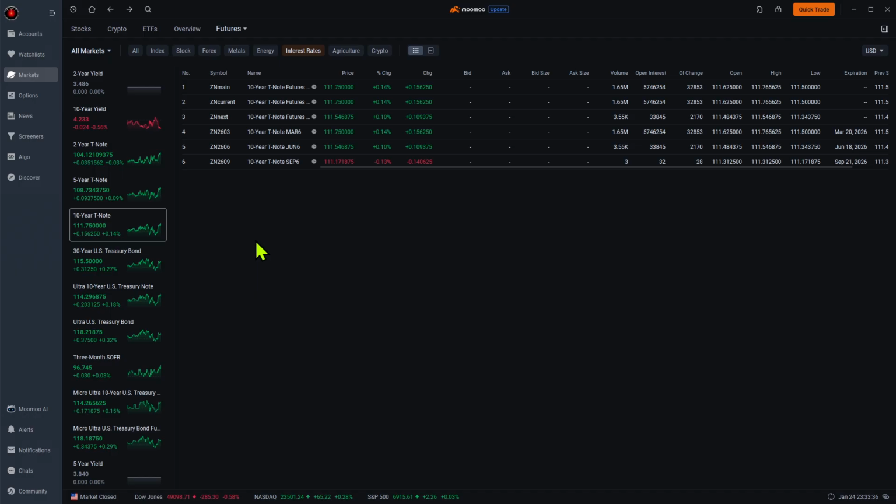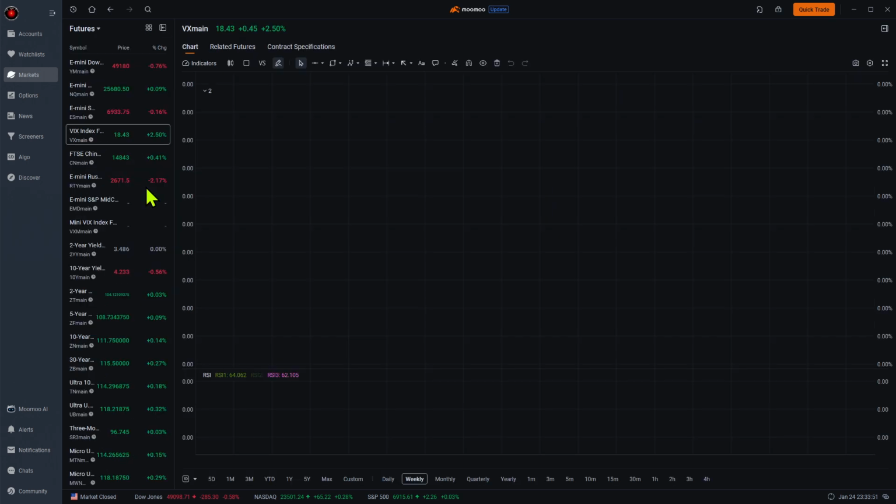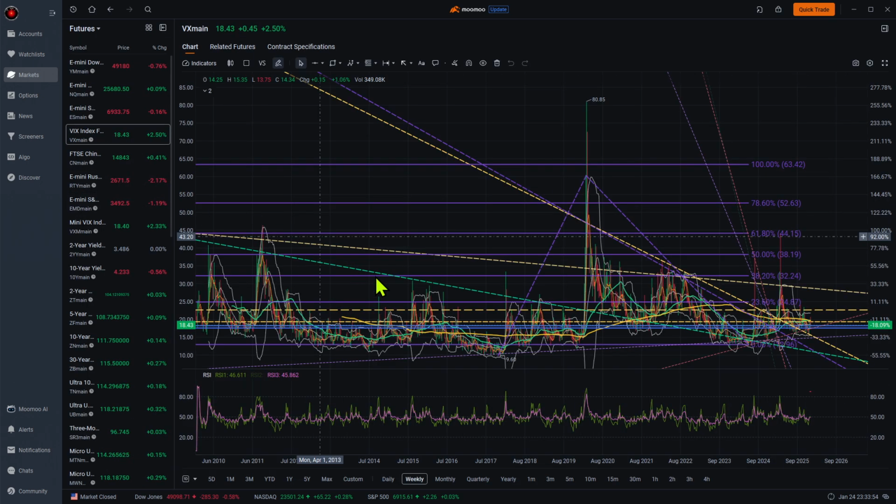So what we have is an increasing interest rate environment, and also the VIX bottomed at that same time. Right here, you can see this is the VIX bottom. So this is your 1, 2.